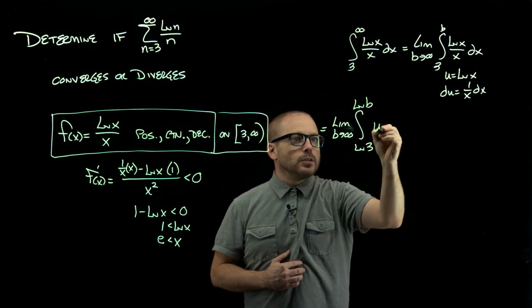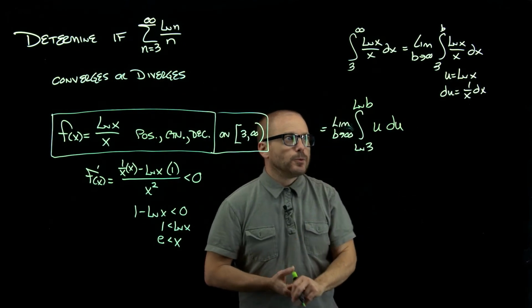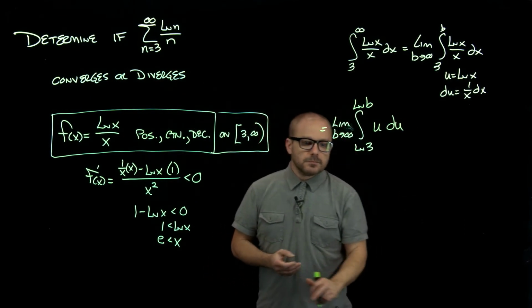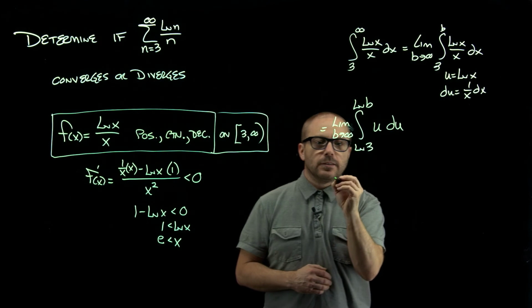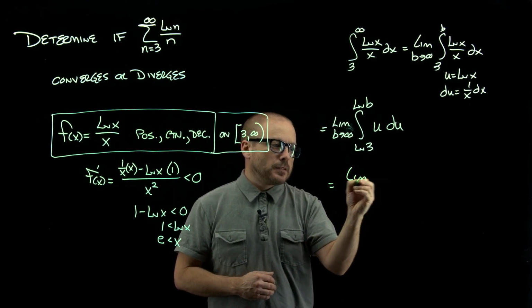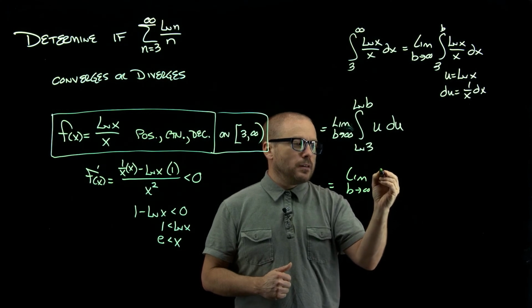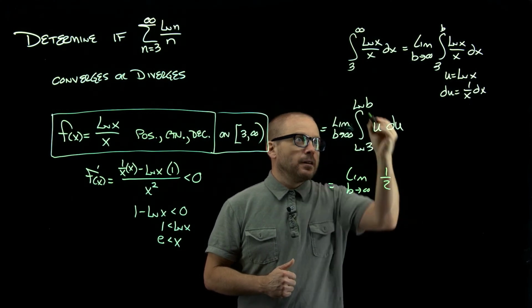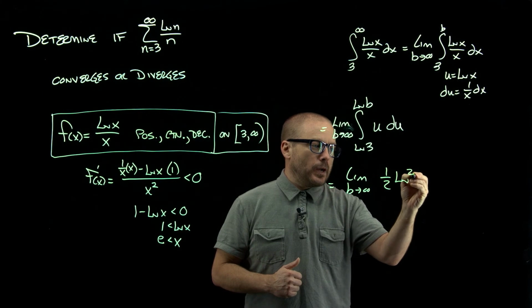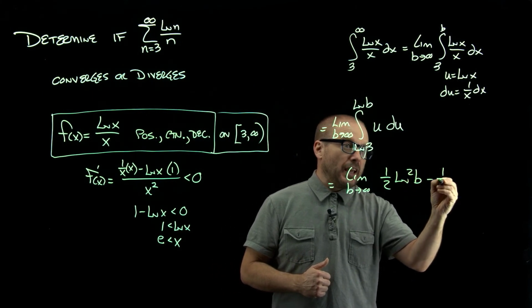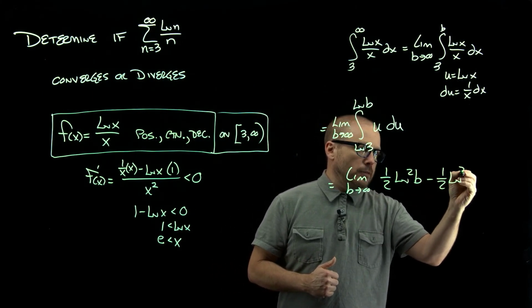And now just u du. And that is the limit as b goes to infinity of 1/2 u squared. So 1/2 natural log of b squared minus 1/2 natural log of 3 squared.